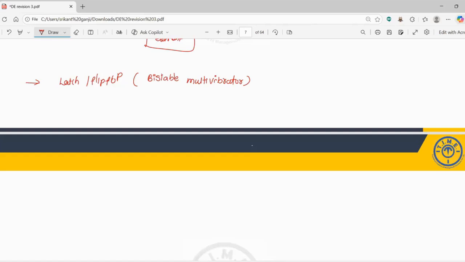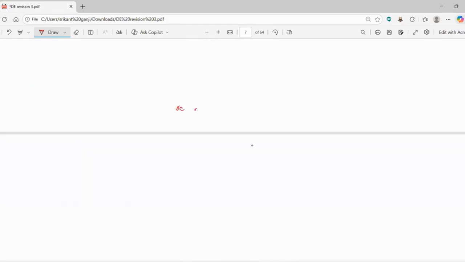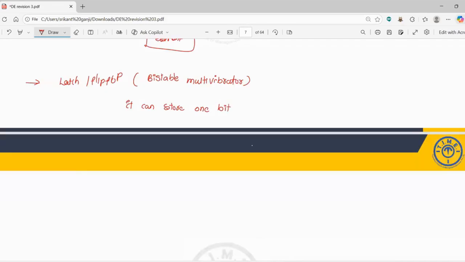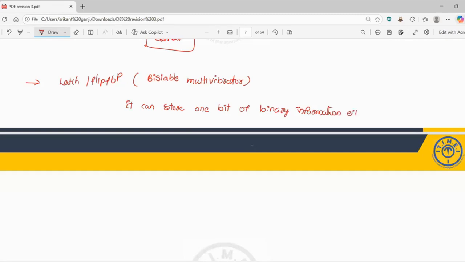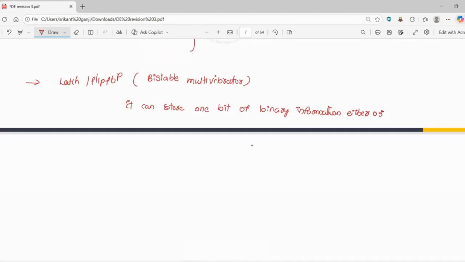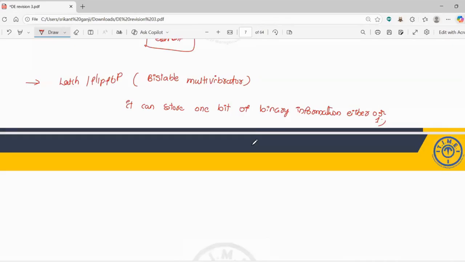So it can store one bit of binary information, that is either 0 or 1. Now, because of their ability to retain a given state, these elements are used as the storage elements.